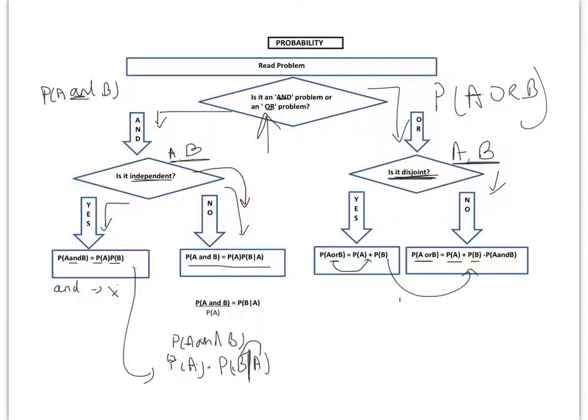But when you calculate the probability of A, you're calculating the probability of the overlap within this probability of A. And when you calculate the probability of B, again, you're calculating the probability of the overlap within B. So we've calculated the probability of the overlap twice, and that's what we need to take care of. Subtracting off the probability of the overlap takes care of that double counting. So that's the reason why the second formula works for events A and B that are not disjoint.